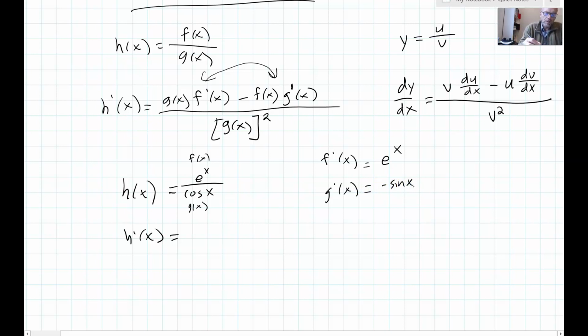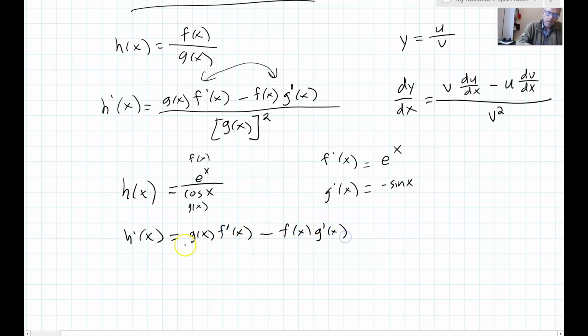So now I know what my g prime and f prime are. Now I'm just going to write them out, because I know this has got to be g of x times f prime of x minus f of x, g prime of x, all over g of x squared. See how small that prime was? It's easy to lose track of.